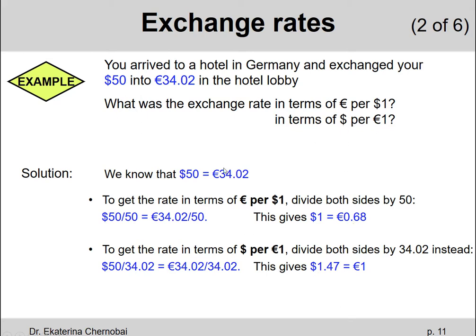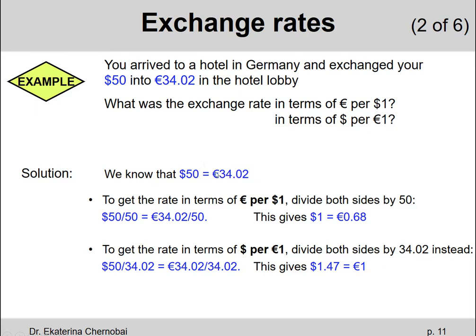So we want to go back to these equivalents between $50 and 34.02 euros. This time we are saying we want to see 1 euro. So where we want to have 1, the number that we have there currently is what we need to divide both sides of this equation by.